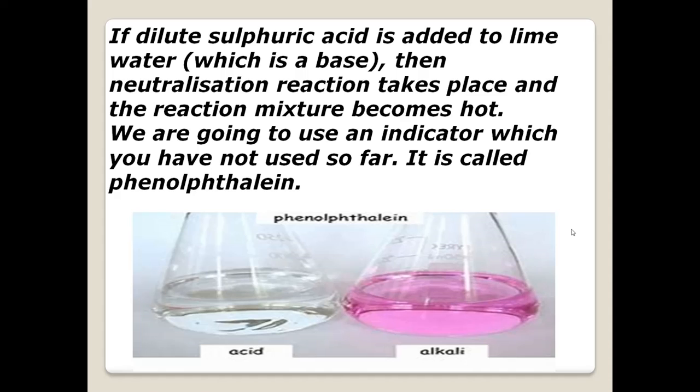If dilute sulfuric acid is added to lime water, which is a base, then a neutralization reaction takes place and the reaction mixture becomes hot. Now we are going to use an indicator which you have not used so far. It is called phenolphthalein.